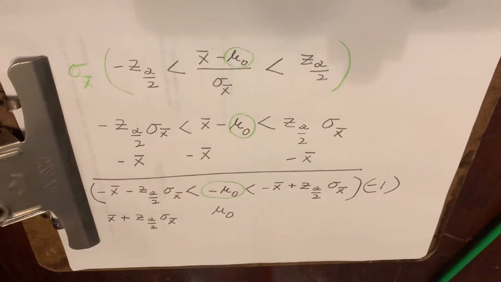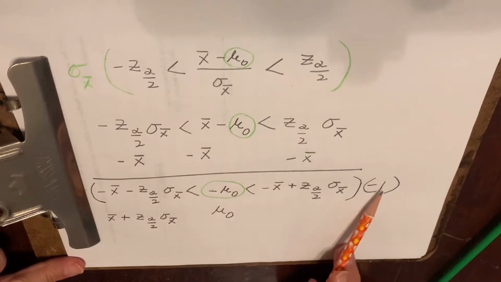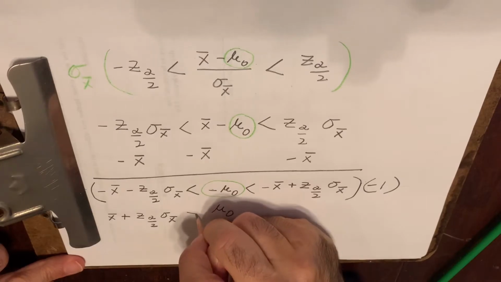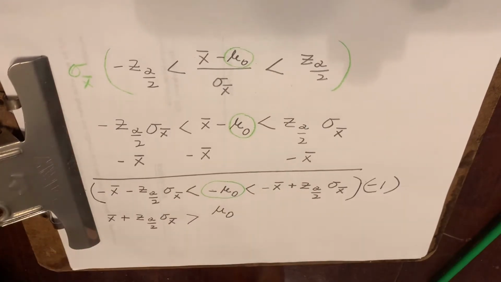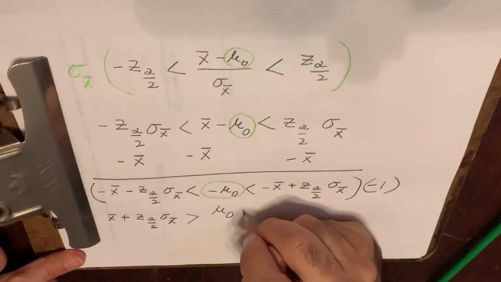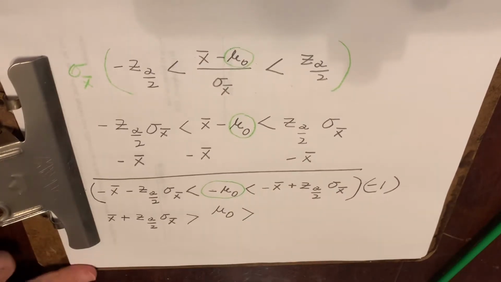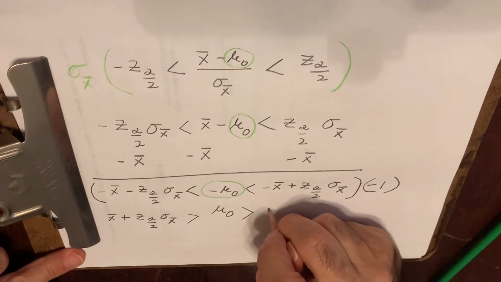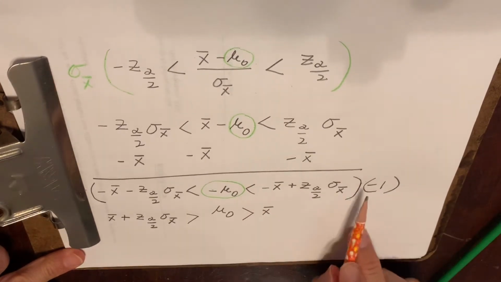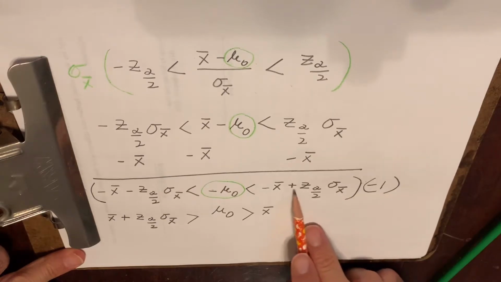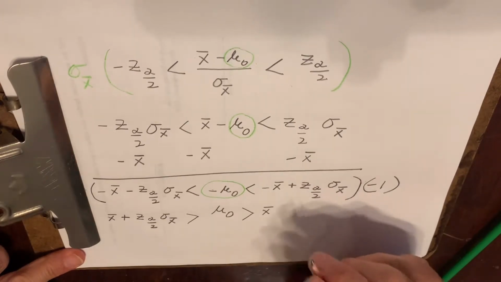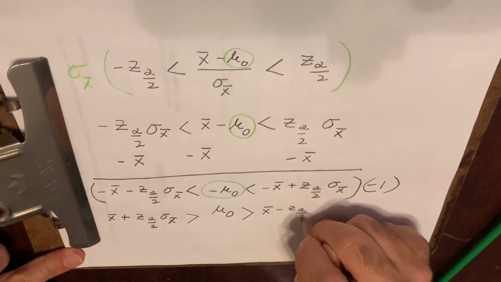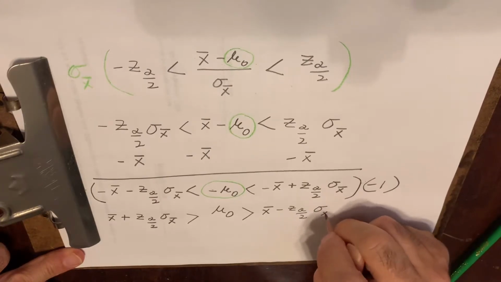All right, good so far. Now, don't forget, when we multiply an inequality by a negative number, we do have to flip the inequality symbol. You learned that in high school, right? Okay, we're getting somewhere. So now we have negative 1 times a negative X bar is a positive X bar, and we have negative 1 times a positive Z sub alpha over 2 sigma sub X bar becomes negative Z sub alpha over 2 sigma sub X bar.